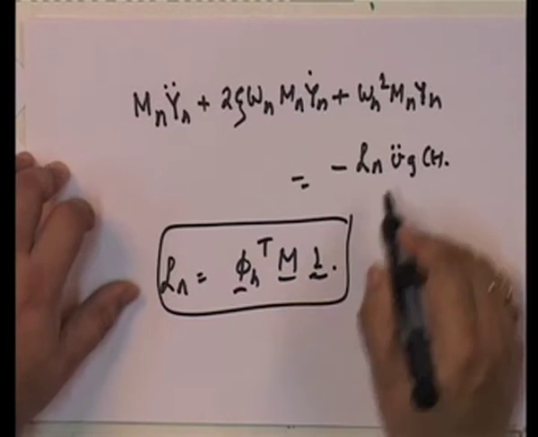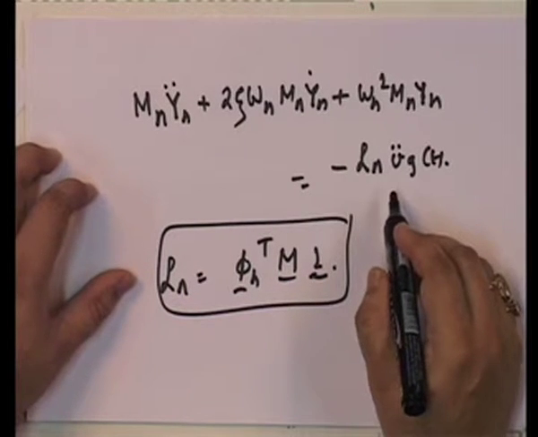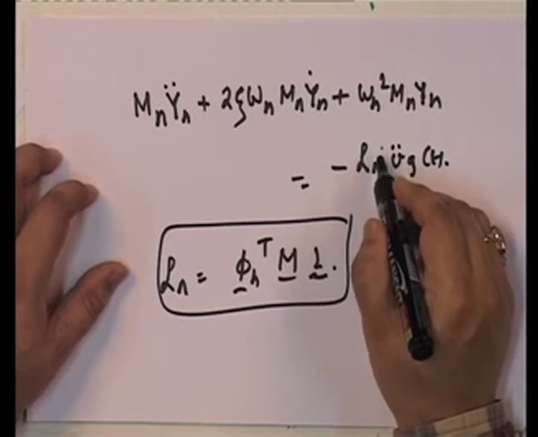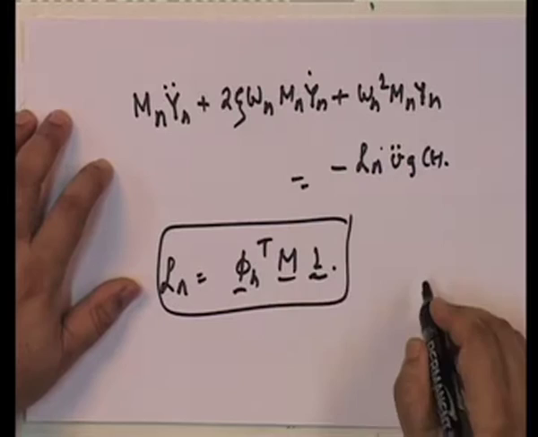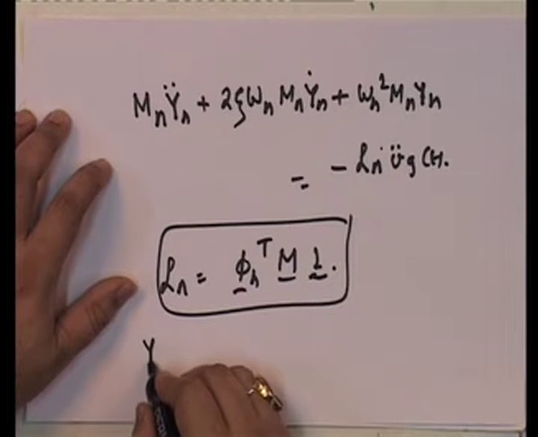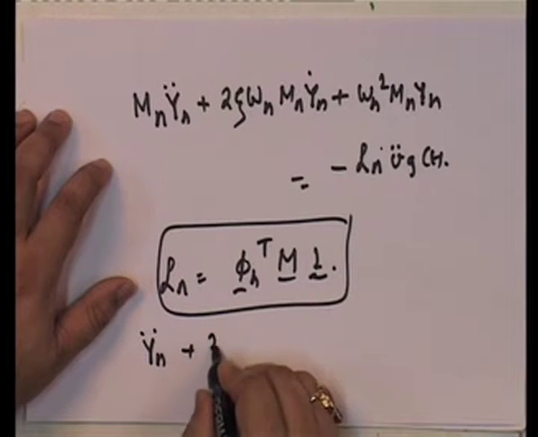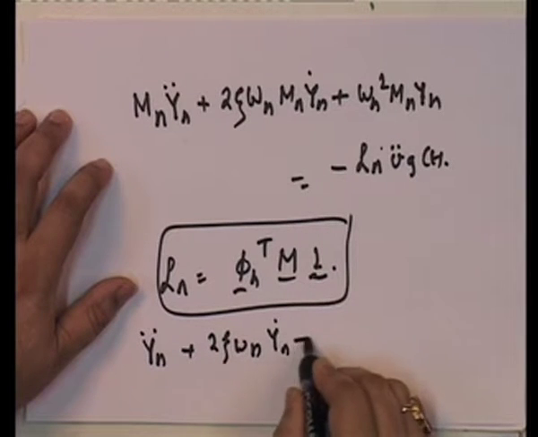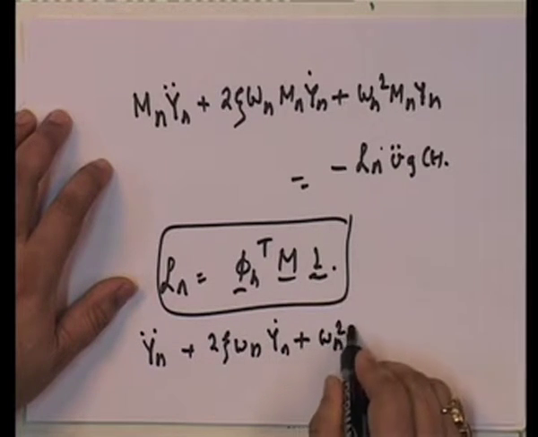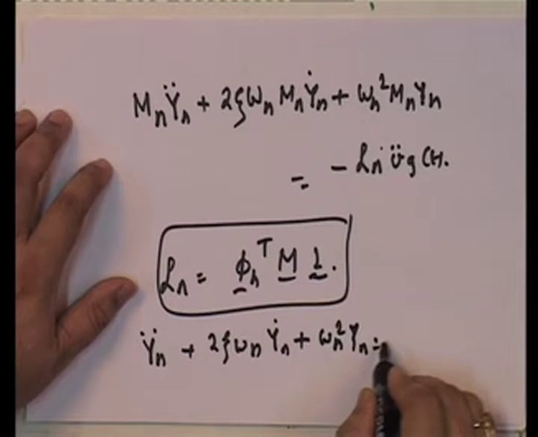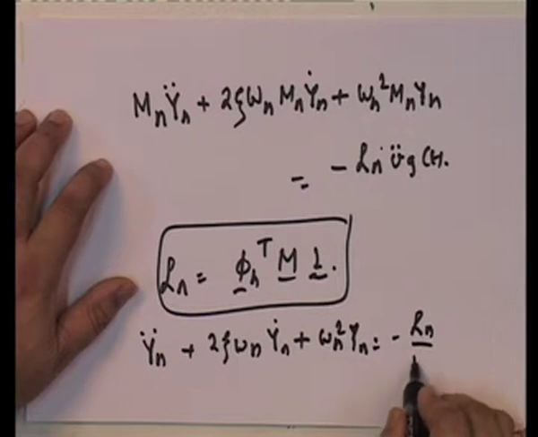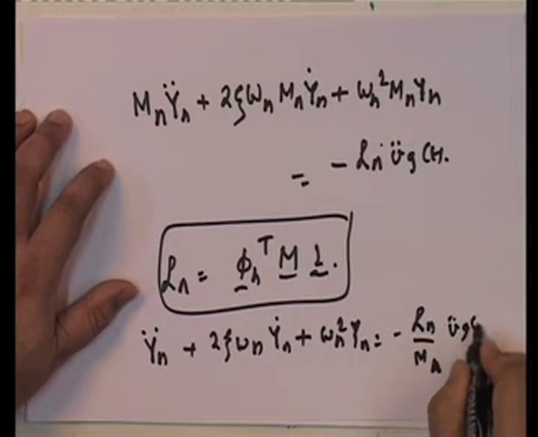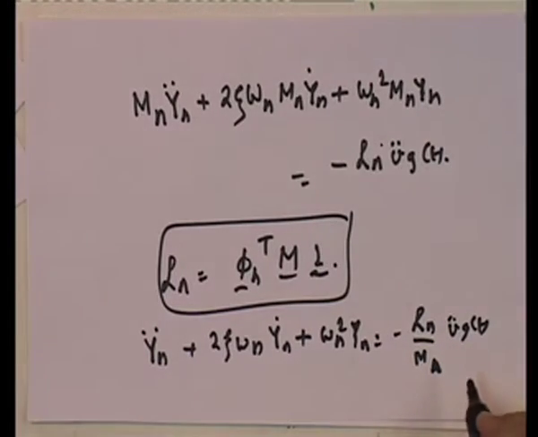This is identical to the single degree of freedom, excepting that there is a term. So, if I rewrite this, this becomes y n double dot plus 2 xi omega n y n dot plus omega n squared y n is equal to minus Ln upon m n V g double dot.